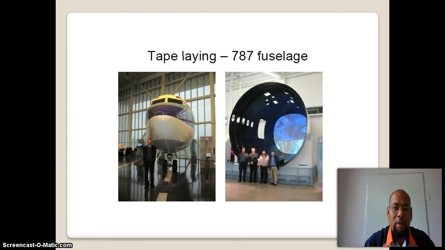The tape is normally a pre-impregnated material, where the fibers already come with the resin. So you just do tape laying based on the mold, and then you cure the composite material.